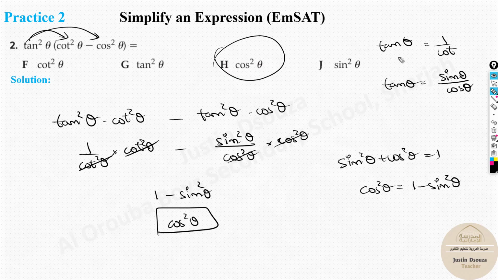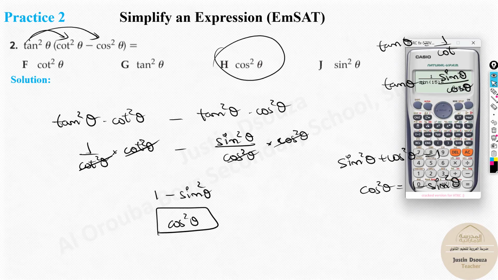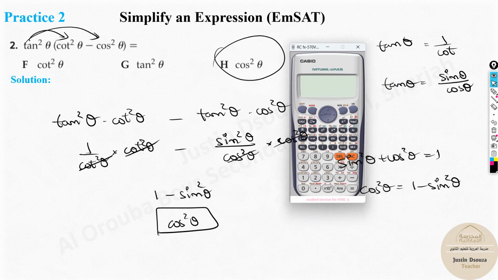And you can even try the calculator method and you can get the correct answer as well. We will just do the calculator method and check the answer. Over here, now you need to type this. So it's tan, let's take 15 degrees itself, tan square theta multiplied with, what is cot?